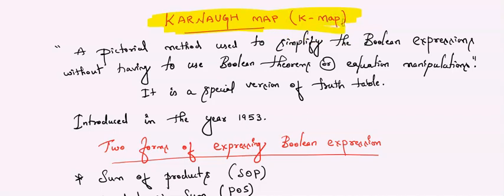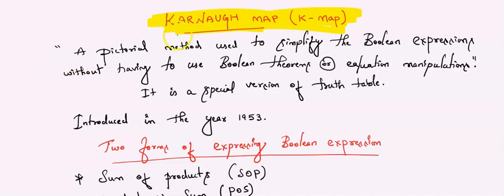I am going to explain in detail and in a very logical way how you can draw the Kmap. Before we start solving Kmap problems, let me go through some basic theory questions related to Kmap. In this video, I will explain the basic topic related to Kmap and how to draw the Kmap. Let's begin.